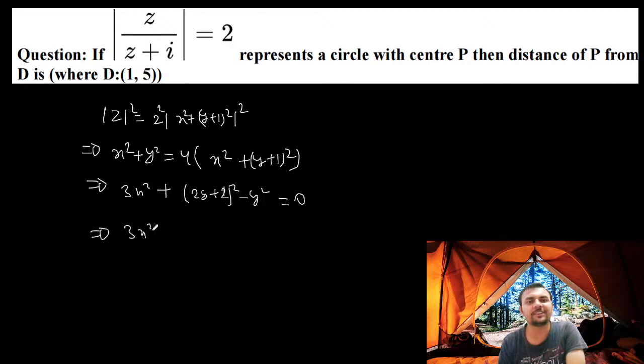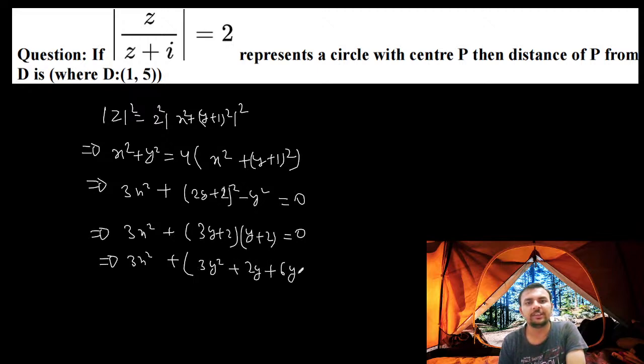So you can have a plus b, a minus b. Okay. So 3x square, 3y square, 2y, 6y plus 4 equal to 0. This is x square plus y square plus 8 by 3 y plus 4 by 3 equal to 0.